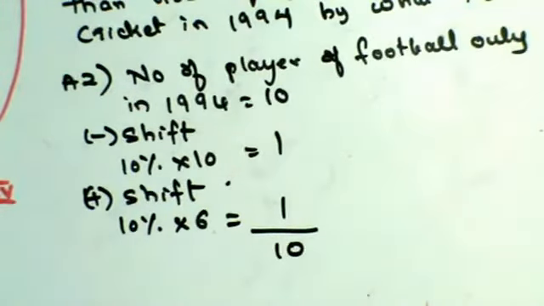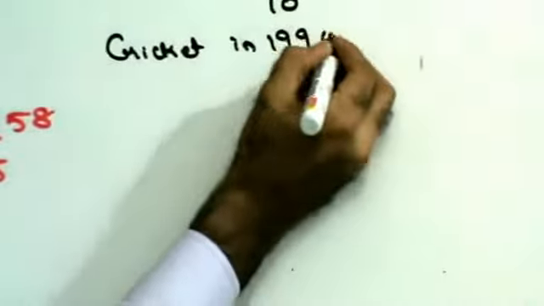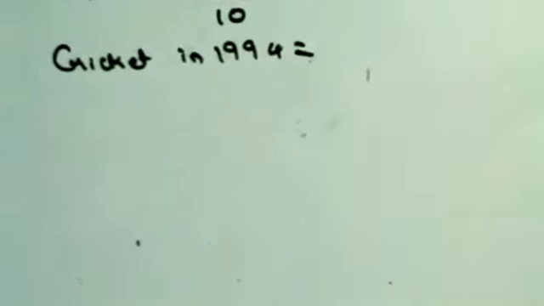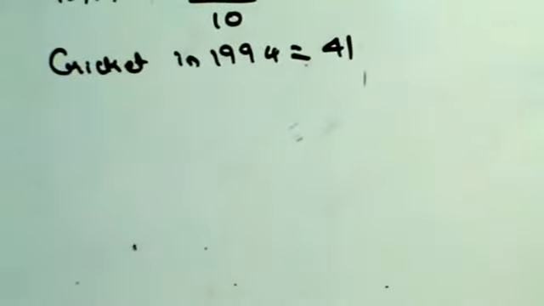Now the number of players who play football only in 1995 is higher than the number of players who play cricket in 1994. Cricket in 1994 is 41. We've already calculated that data and kept it with us.